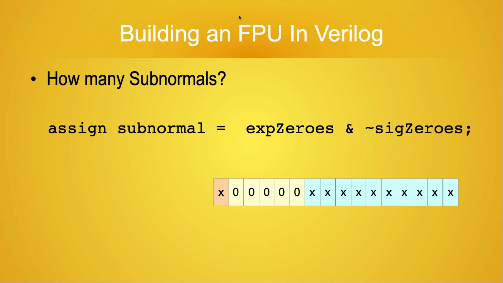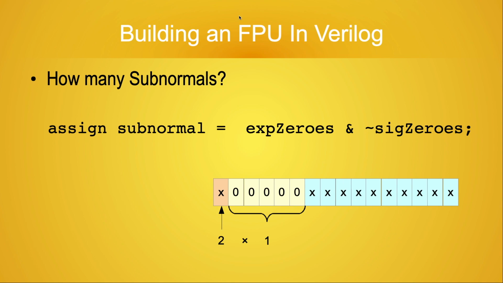Examine the logic equation for subnormals. Again, we have two allowable values for the sign bit and one allowable value for the exponent field. Counting the number of possible values which can be stored in the significand of a subnormal number runs into the same gotcha as we had for signaling NaNs. There is one value which is not allowed.